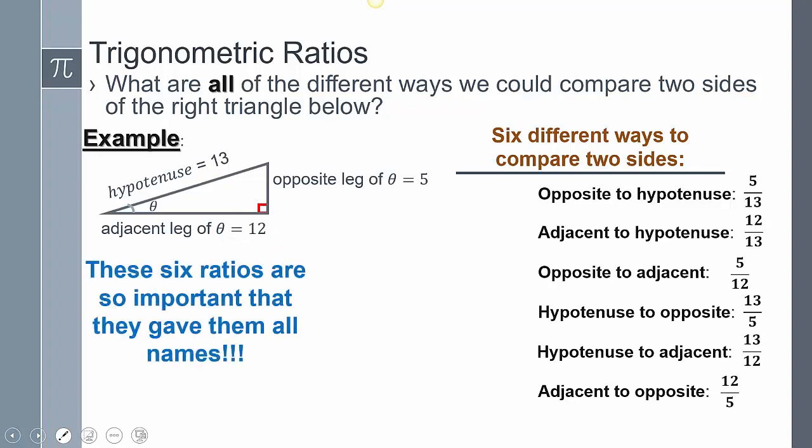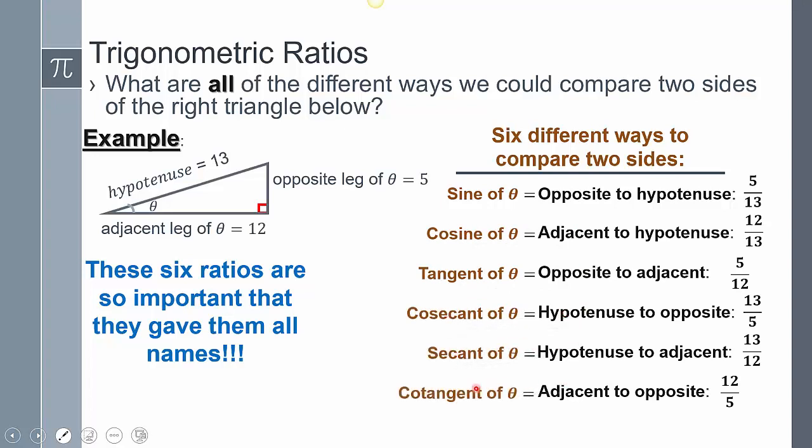Now the names: this is our sine ratio, this is our cosine ratio, this is our tangent ratio, and then cosecant, secant, and cotangent ratios. This is something you may have to go back and watch in trig, where we memorized SOHCAHTOA for these.